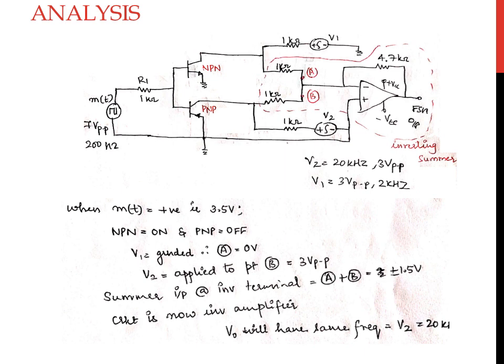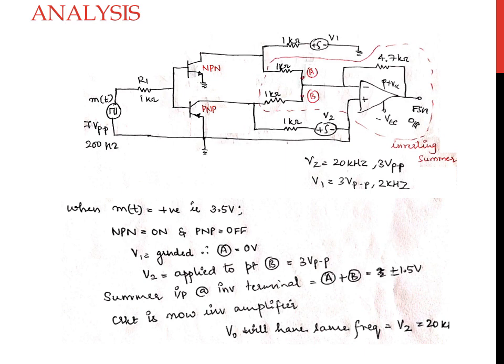Now when you look at the voltages at the two terminals, point A and point B, the voltage at point A will be equal to the ground potential, that is 0 volt, since the voltage V1 is pulled to ground by the NPN transistor, whereas the voltage at point B will be the same as that of the carrier voltage V2.